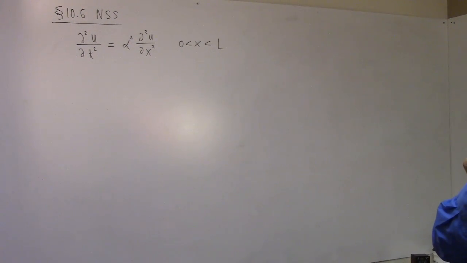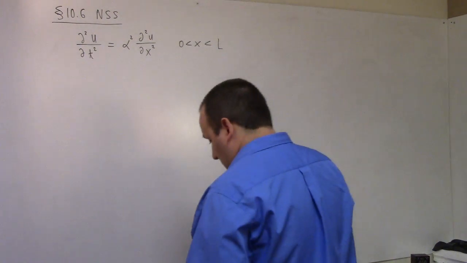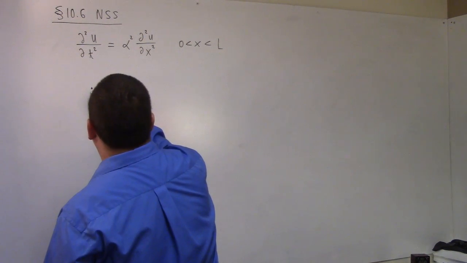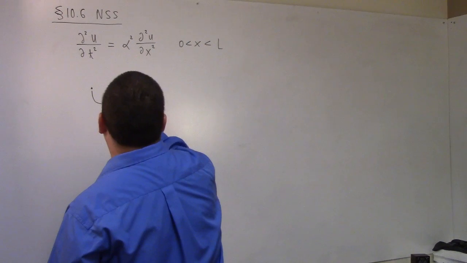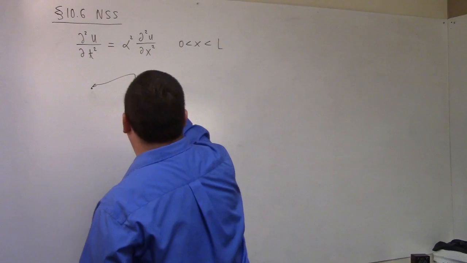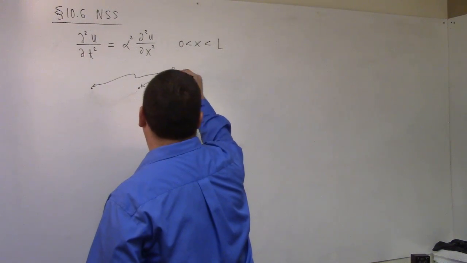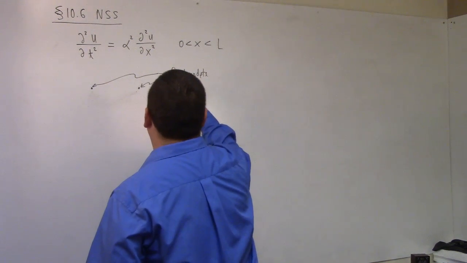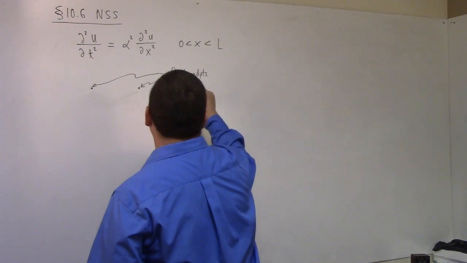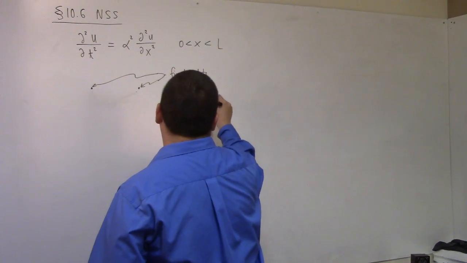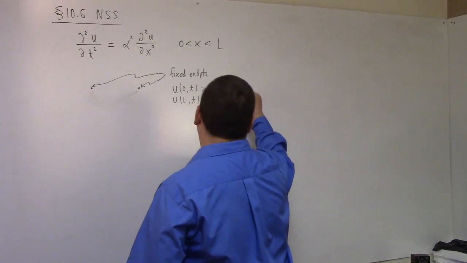We're given that it has fixed endpoints. The string is fixed at the ends, so that gives us the equations u(0,t) equals 0 and u(L,t) equals 0, for t greater than 0.